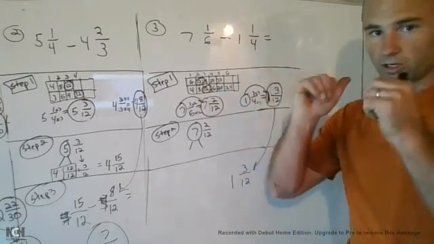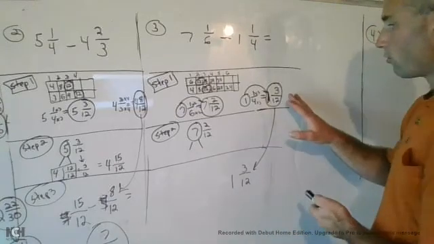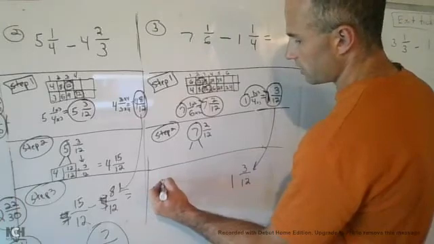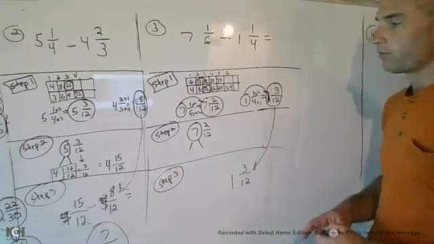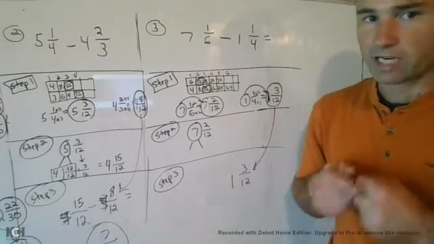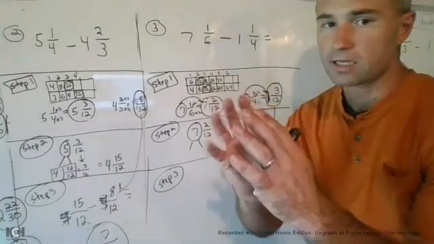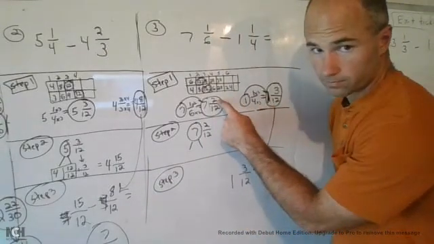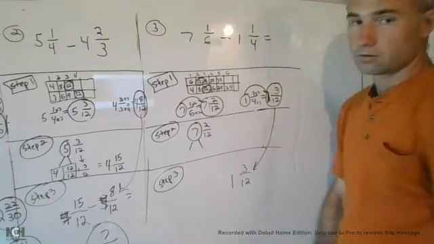Hopefully by now we are good at making those equivalent fractions. So I'm going to bring that 1 and 3/12 down to step 3, so I don't need it right now in step 2. Okay? Well, what I do need to do in step 2 is break apart the 7 and 2/12 because I can't take 3 away from 2. So I need to break into that 7.